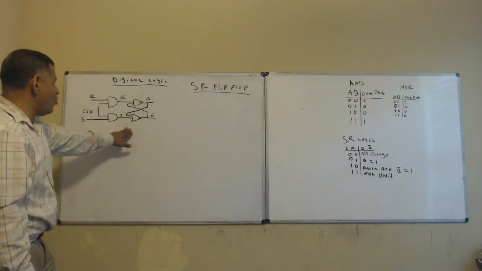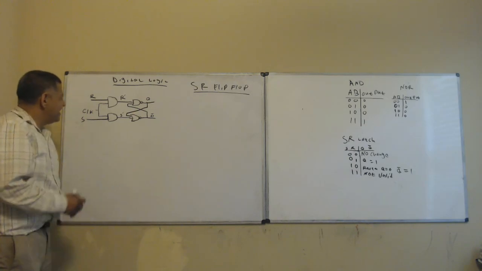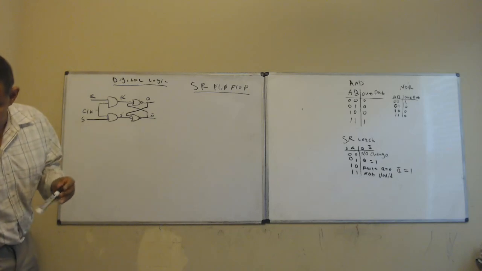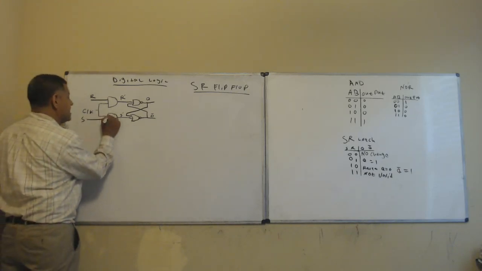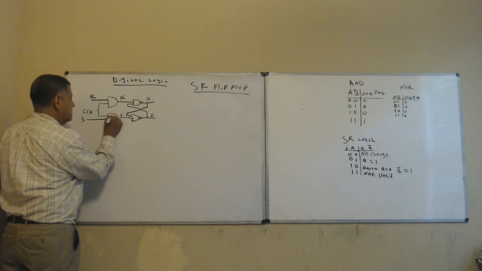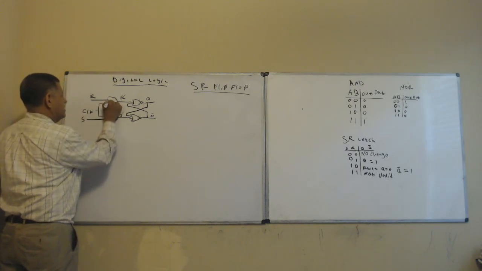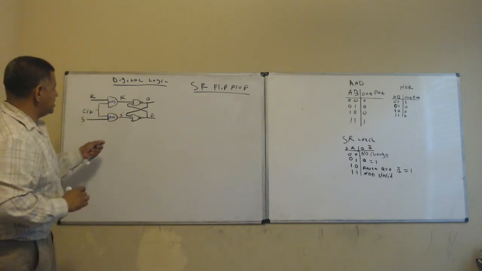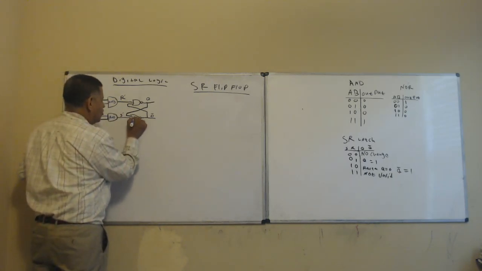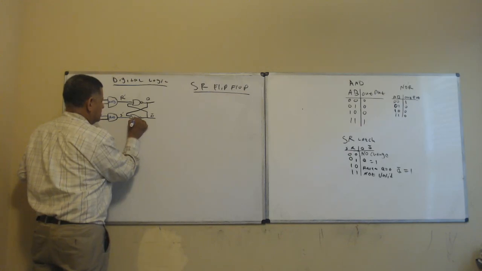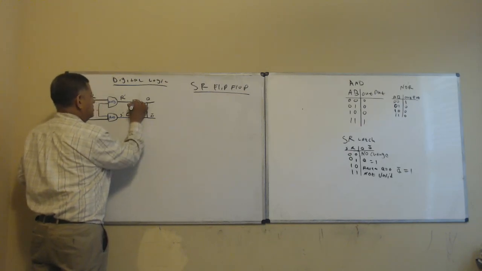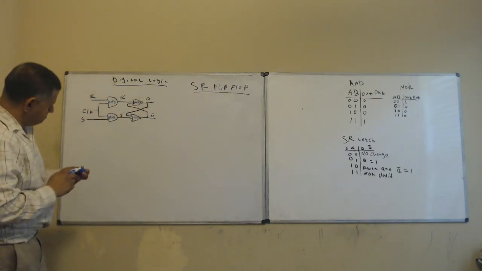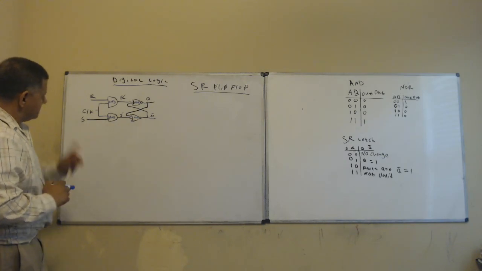Okay, so what does this mean? Now, this is N, and I don't know if we'll be able to see, but this is N, and these are NORs. Not ORs, right? Okay.